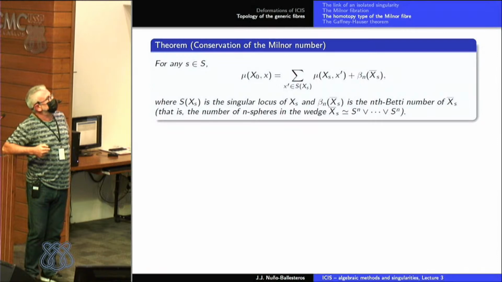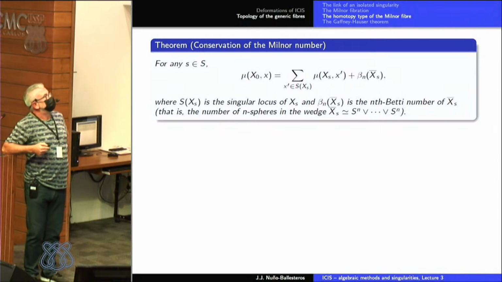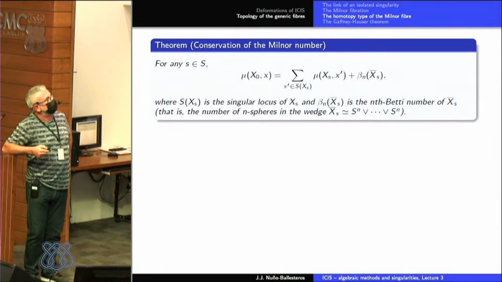So this fiber X_s is not smooth, you might have singular points. This formula says that the Milnor number of the ICIS is equal to the sum of the Milnor numbers of the fiber at all singular points plus this term beta_n of the compact fiber. But this beta_n is the nth Betti number, which is nothing but the number of n-spheres in the wedge.